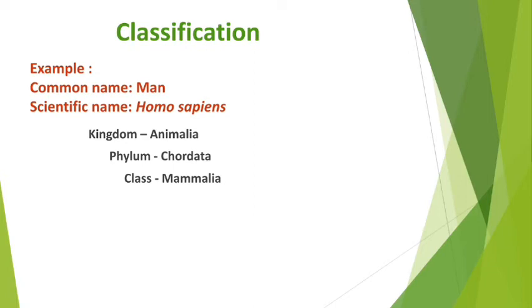For that purpose, this class is again grouped into some groups, and those groups are known as orders. In mammals some orders are made. Order means again they are divided and made into groups, and those groups are known as orders. So we fall under the order primates. Clear, my dear student? Primates means monkey-like.